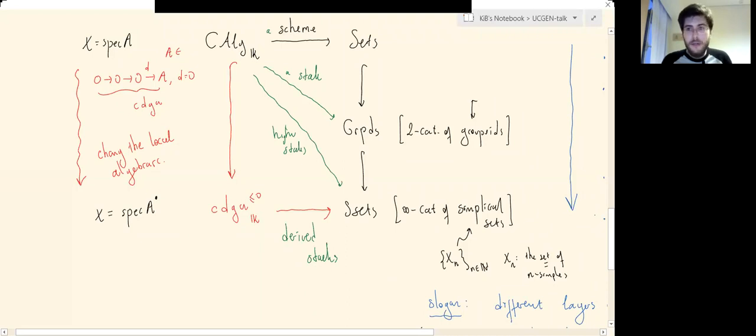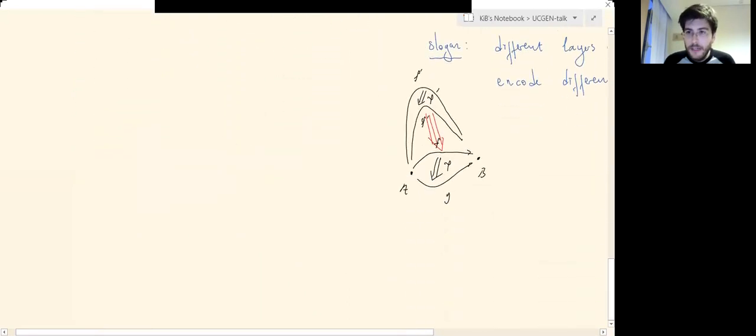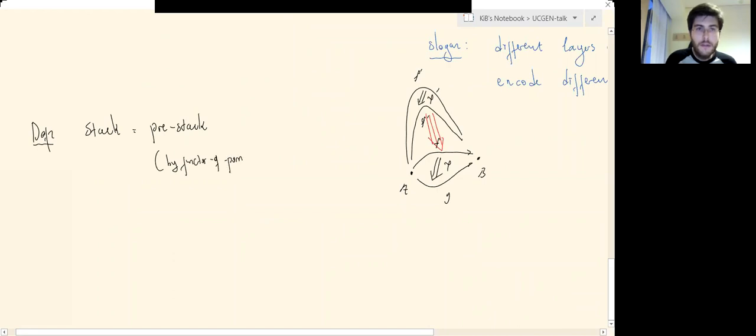And therefore, when you define, for instance, a notion like a stack, this is a kind of prestack, which is an assignment given by a functor of points, plus some local-to-global conditions.